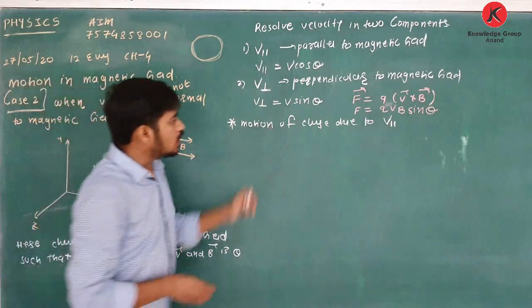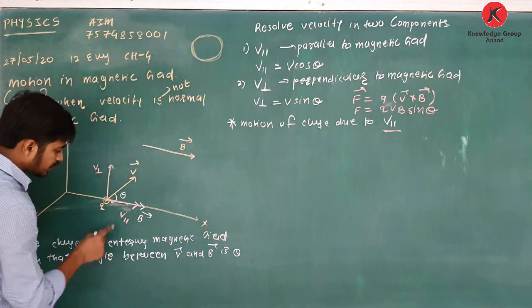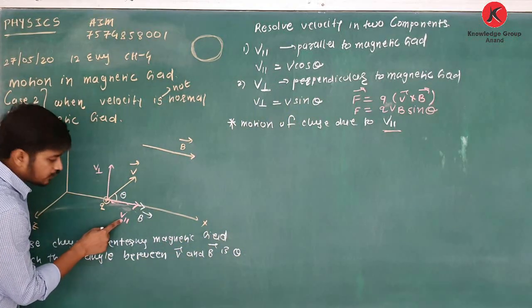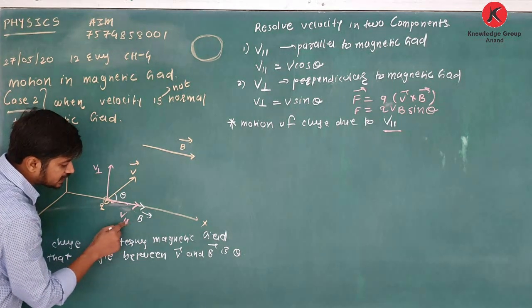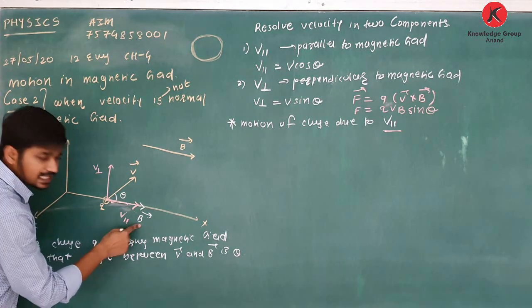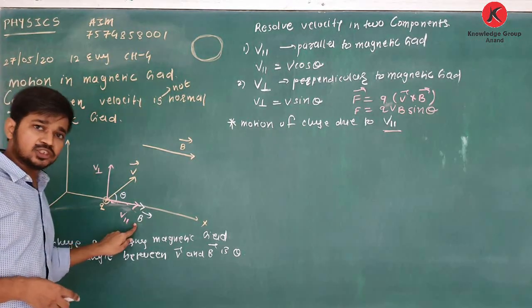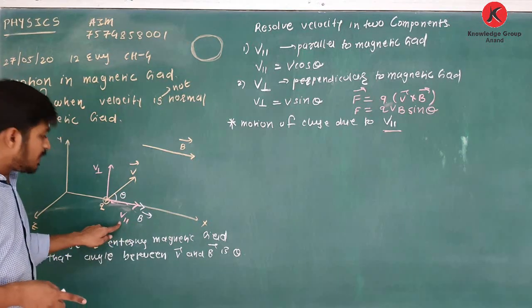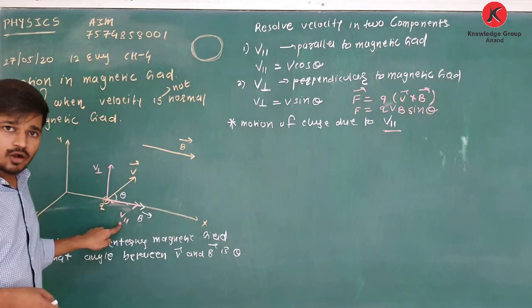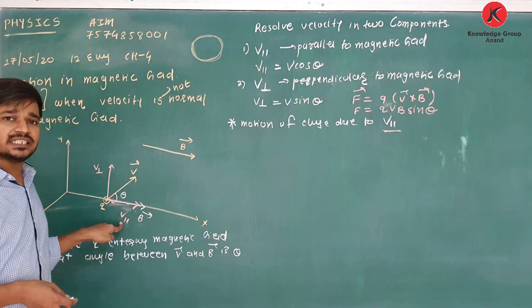Now, motion of charge due to the v parallel component. From the figure, the component of velocity v parallel and B are in the same direction. So due to this v parallel component of velocity, the force acting on the charge is zero.